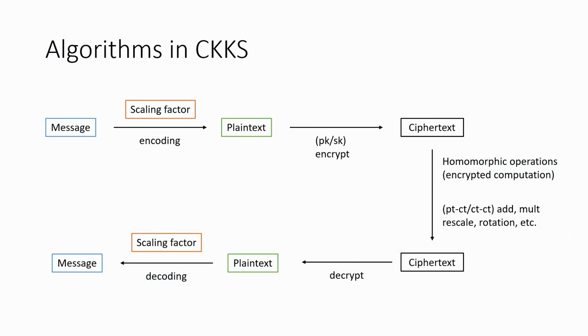In this talk, message and plaintext will refer to two different variable types. A message is a vector of floating point numbers or a vector of complex numbers, and it should first be transformed into a plaintext via a public encoding map before being encrypted. The CKKS scheme provides various homomorphic operations such as addition, multiplication, rescale, and rotation.